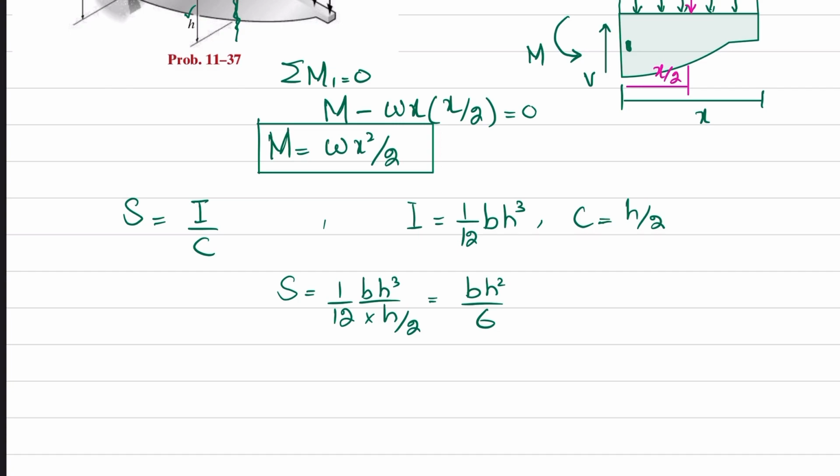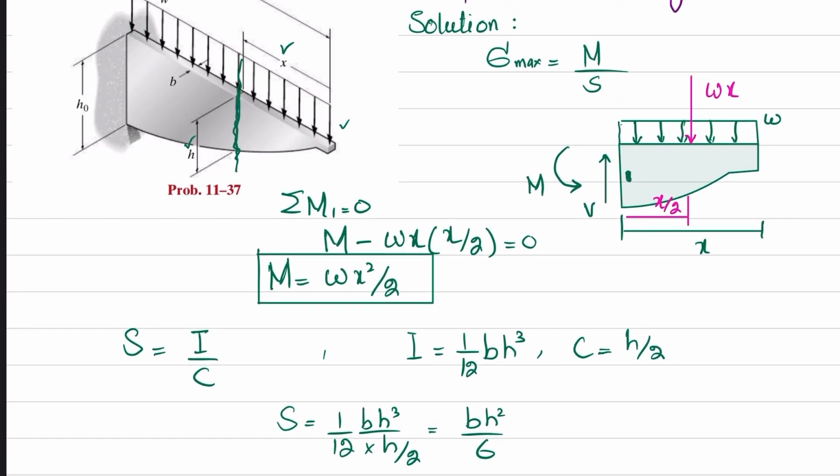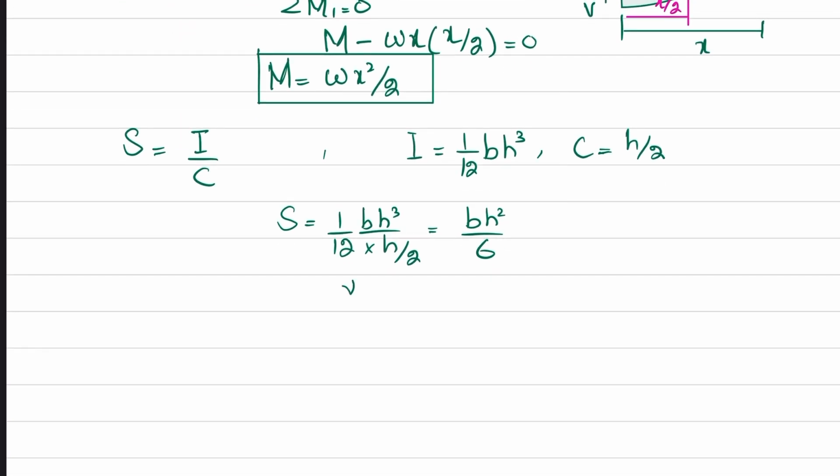Now you can put it in this formula. The maximum bending stress is equal to the moment, which is wx square over 2, divided by the section modulus, which is bh square over 6.